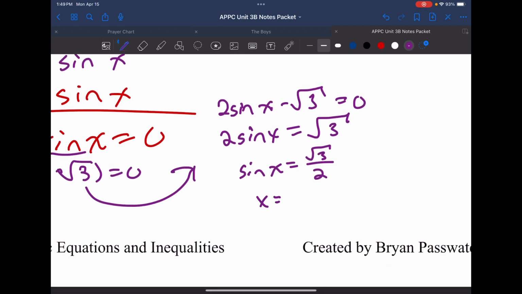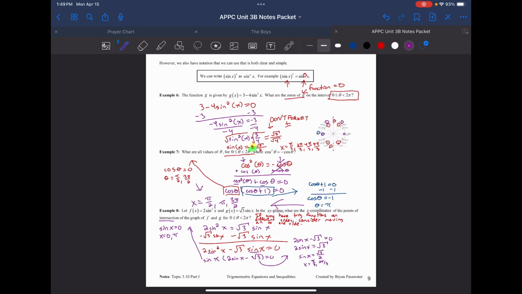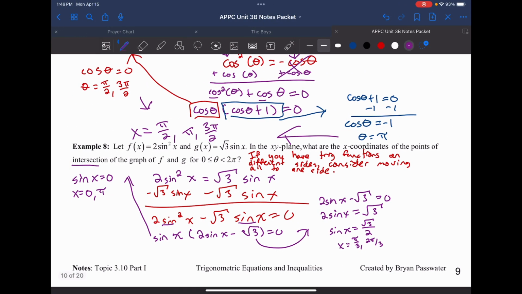So x equals pi over 3, 2 pi over 3. If you want to connect it to one big answer, it doesn't really matter the order. If you wanted to just say 0, pi over 3, it doesn't have to be in order. That's my full answer.